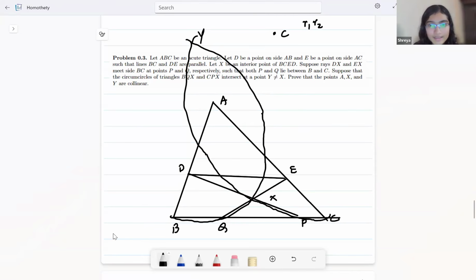We can just do this by saying that A is on the radical axis. I guess we don't even need homothety for this. This is like power of a point and angles. There is a power of a point and angle chase solution, but then you have to do some complicated stuff. Not very complicated, but you need to introduce new points, I think.